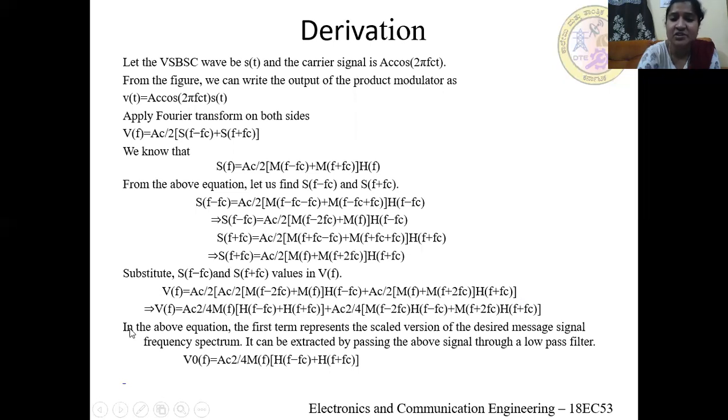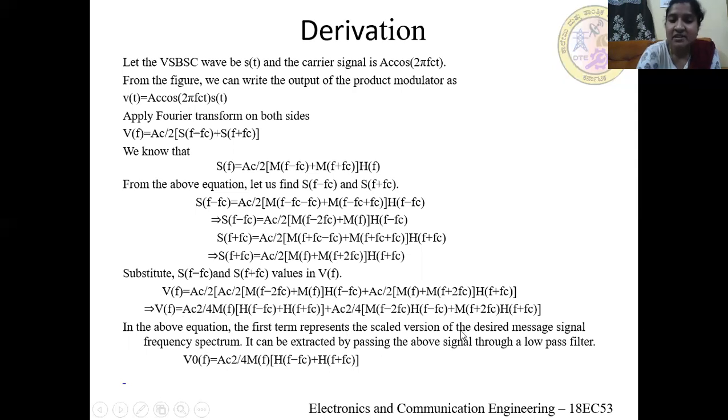If you simplify this, you will get V(f) equal to Ac squared by 4 M(f) into [H(f minus fc) plus H(f plus fc)] plus Ac squared by 4 into [M(f minus 2fc) H(f minus fc) plus M(f plus 2fc) H(f plus fc)]. So this is the output V(t), or V(f).